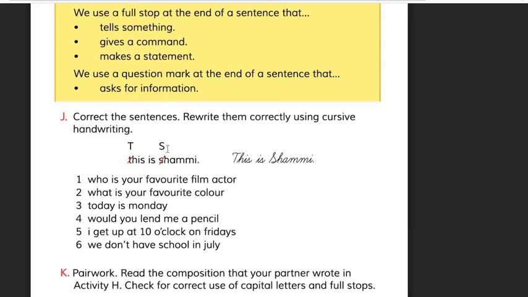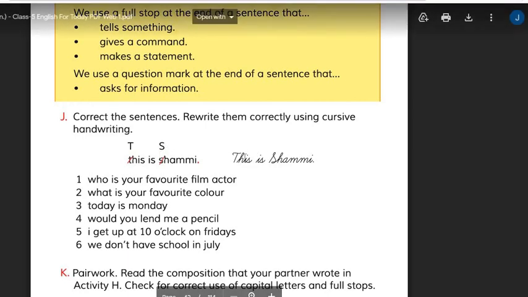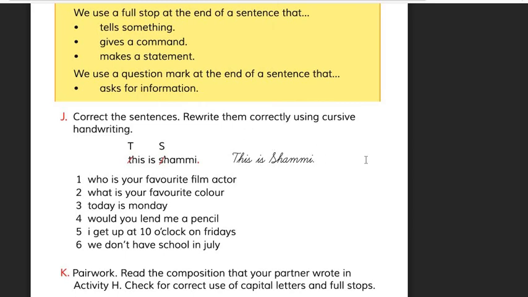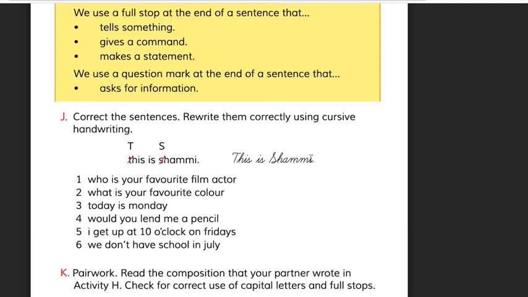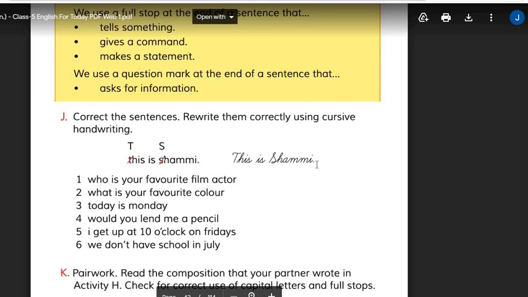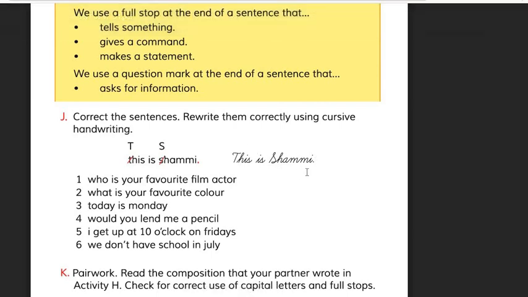That's why we use capital S. We use cursive letters for this sentence, and at the end of the sentence we write a full stop.